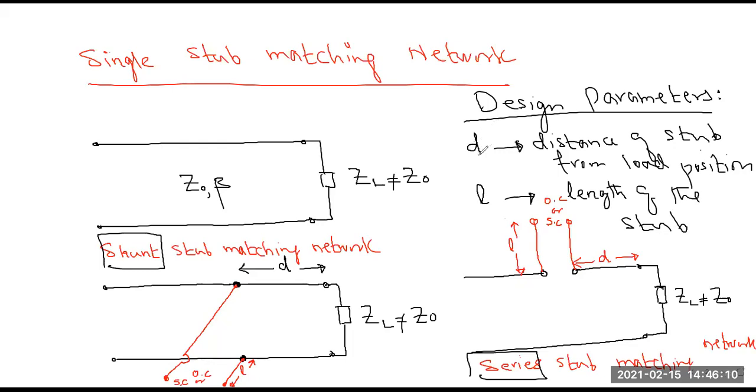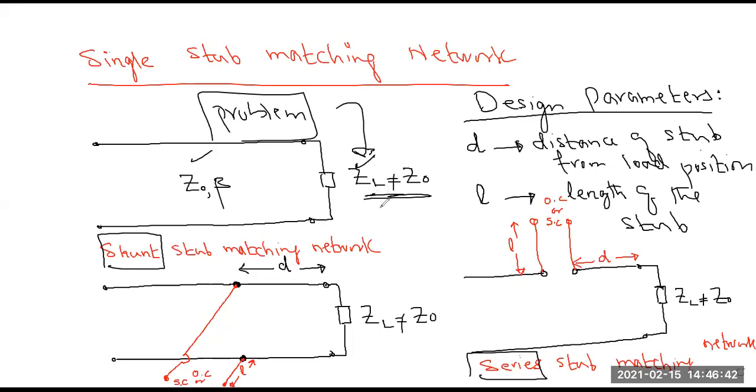So now, once you know the possible types of single stub matching network, the next thing is to find out the design process. How will you find out, for a given problem which is right in front of you, for which ZL is given to you, Z naught will be given to you, and then you have this problem.